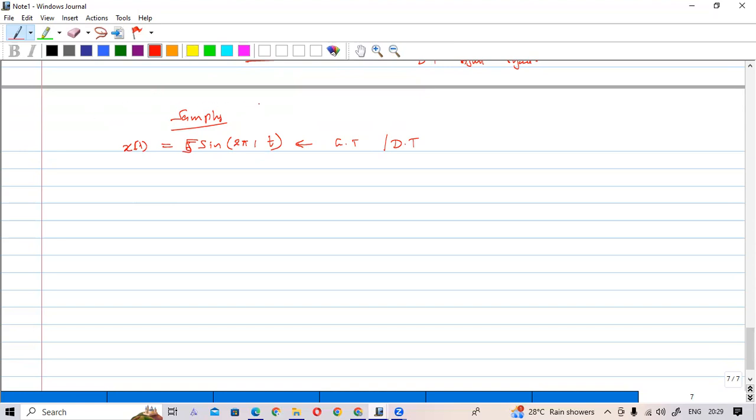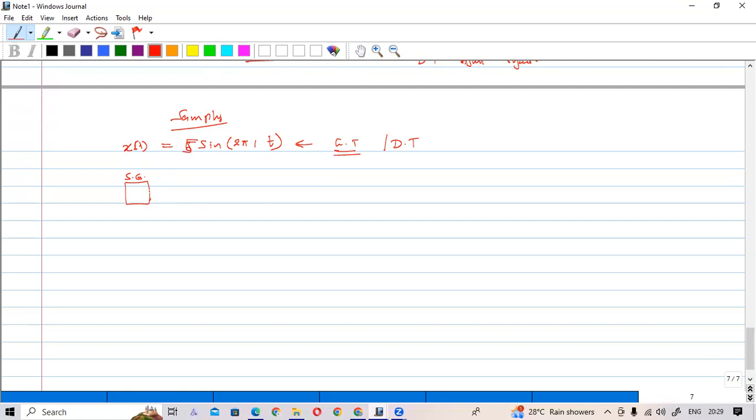The signal generator will give you a continuous time signal. I told you that you are going to generate the signal using the signal generator. The signal generators are in your lab. So definitely this is a continuous time signal.